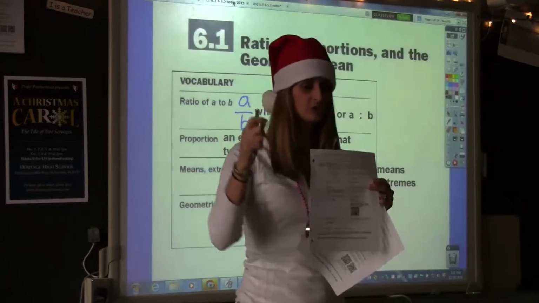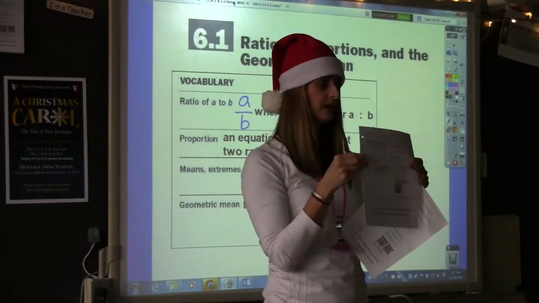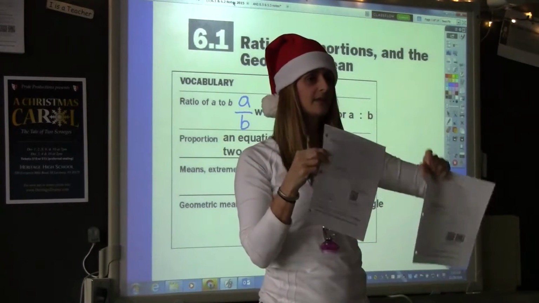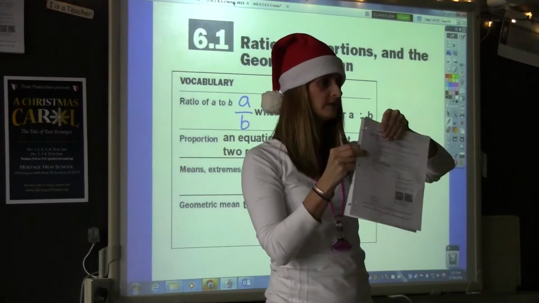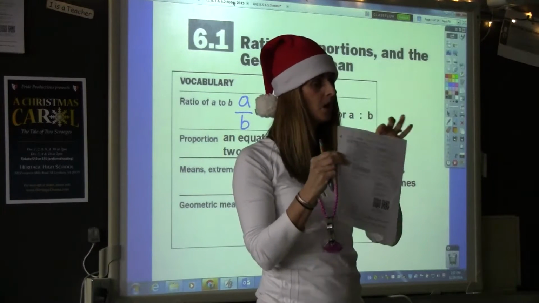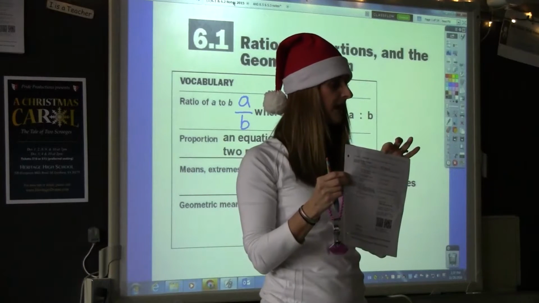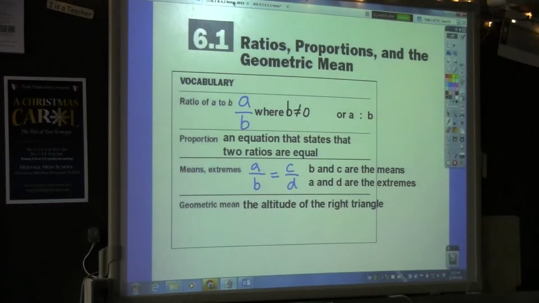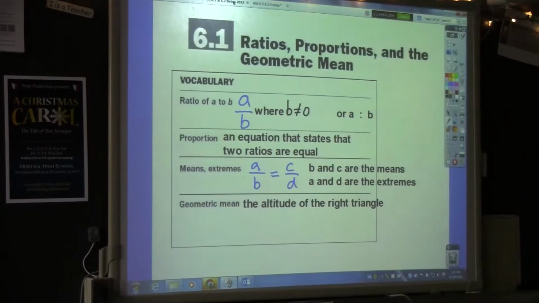So I need you to just cross off the old homework calendar. It's actually not that much different. And I'll send around a stapler for you to staple this new one on the front that says updated. Or you can put that in the front of your binder. I don't care what you do with it. Okay?